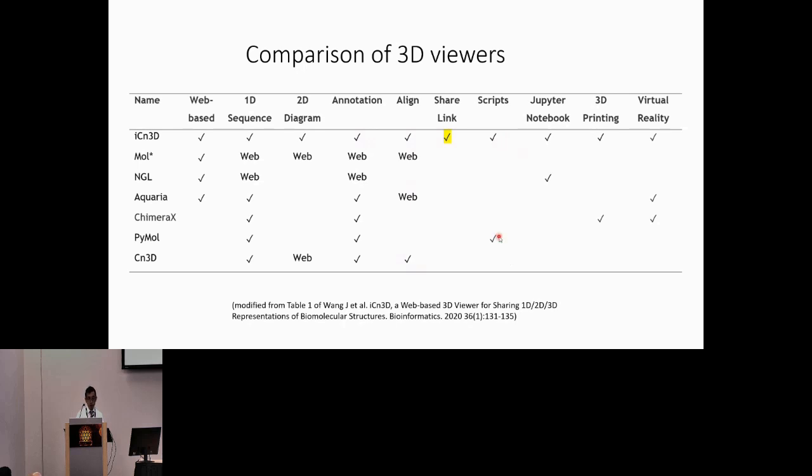This is available in PyMOL as well using a Python script. NGL and iCn3D can be used in Jupyter Notebook, which is very handy sometimes. And iCn3D can provide 3D printing and virtual reality. Some, like Chimera I think, can do both. Aquaria has some virtual reality features.